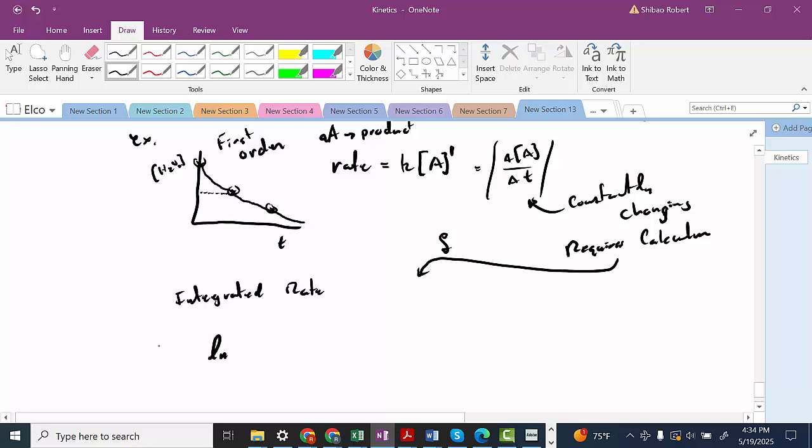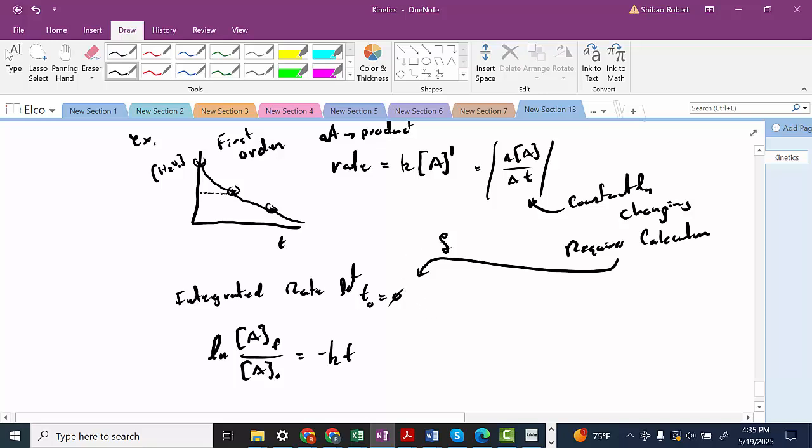Now I'm going to call t0 equals 0. If it's not, then we have to put a delta t in here instead of a t final. So what we're going to get is ln of concentration of A at final over A initial, which would be at t0, is equal to minus kt here.